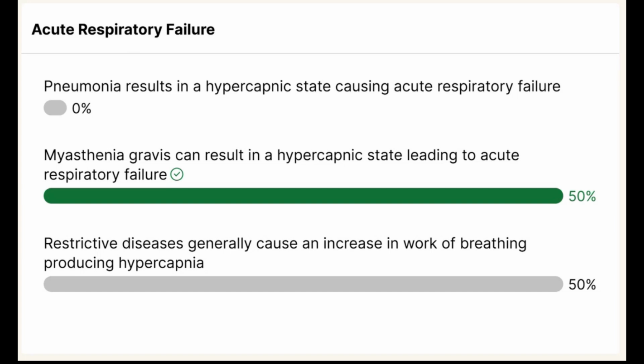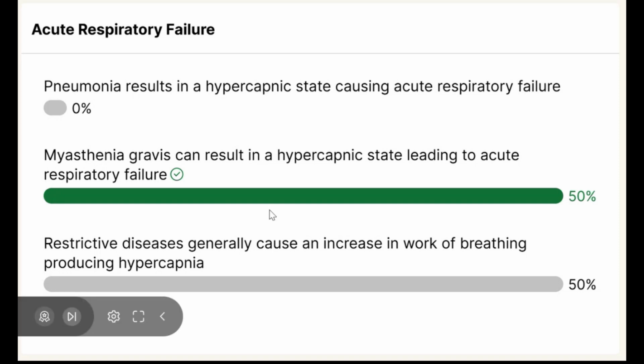It has greater solubility, almost 20 times more than oxygen across barriers. So because of that, what will manifest first is hypoxia. And only if the situation gets bad enough, then it would lead to hypercapnia and then its consequences. So the first thing that would happen is a hypoxic state, and that's why the statement is false.